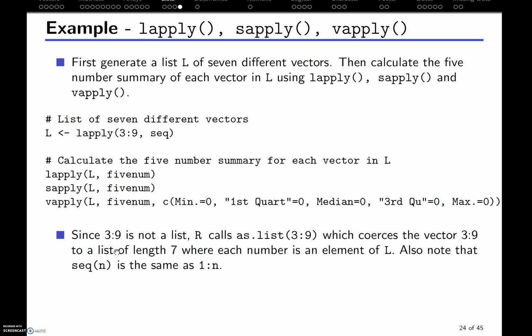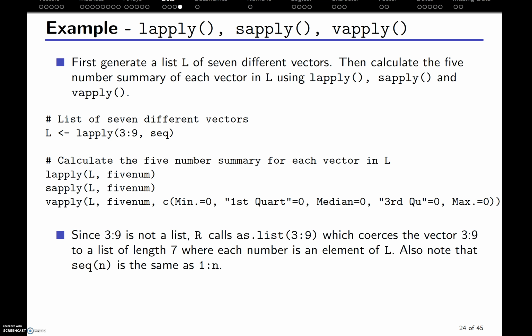So now that you've had a chance to run this first command that creates the object L, notice first of all, L is a list. You can tell by the structure. And what is within each element of that list L? Well, in that first element, which is surrounded by the double square brackets and has a 1 in it, you get 1, 2, 3. With the second element, you get 1, 2, 3, 4, all the way up to 1 to 9.